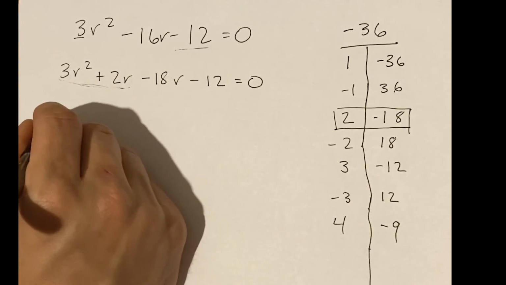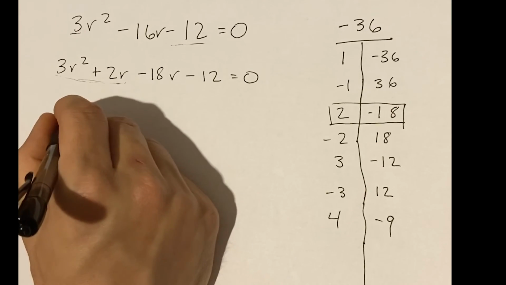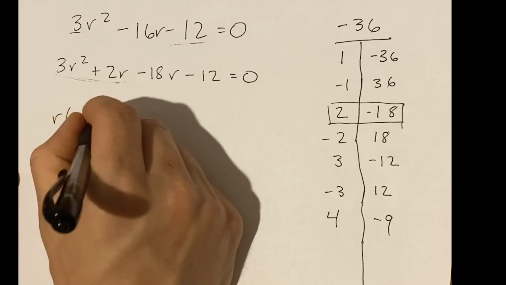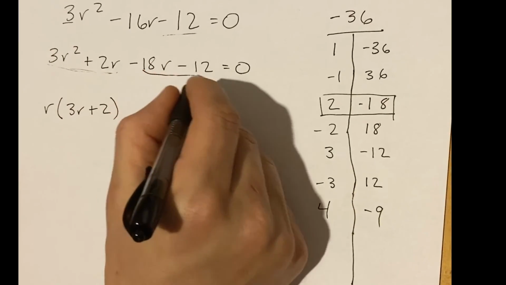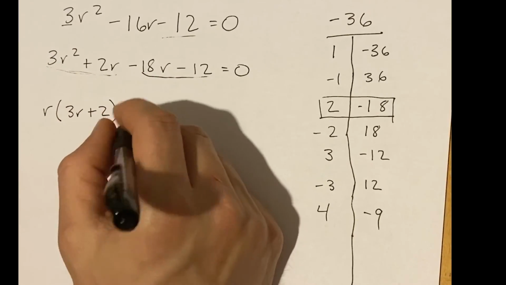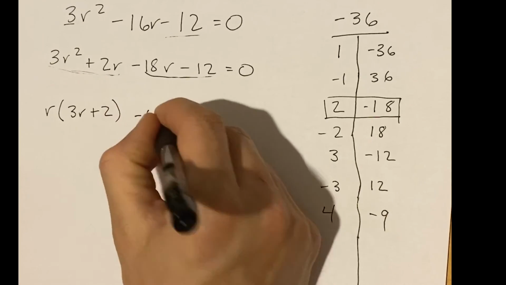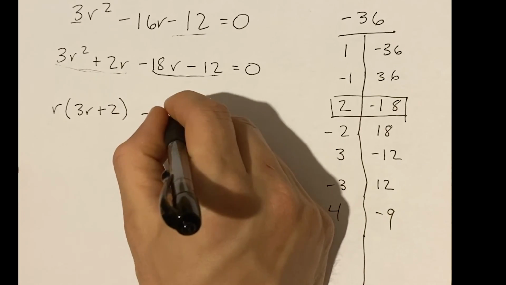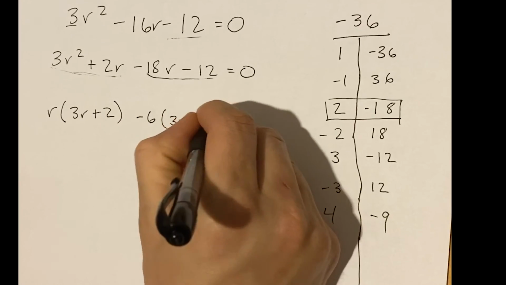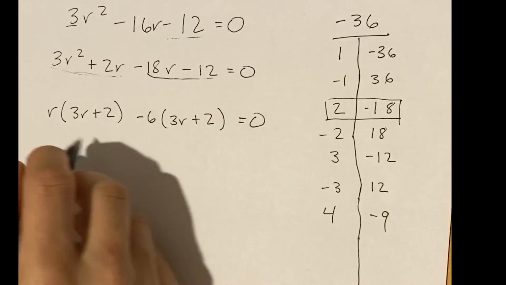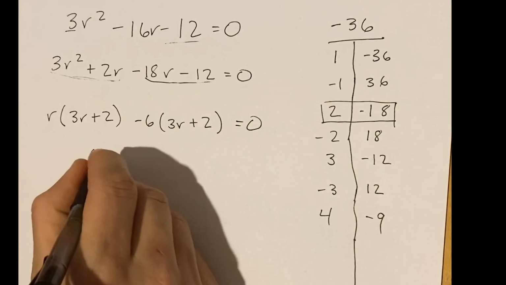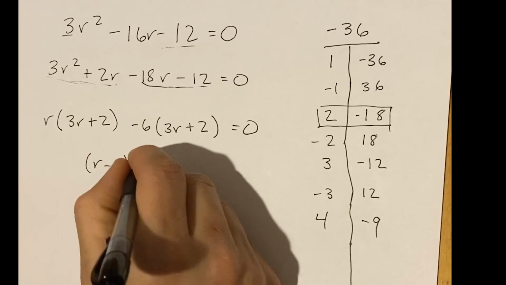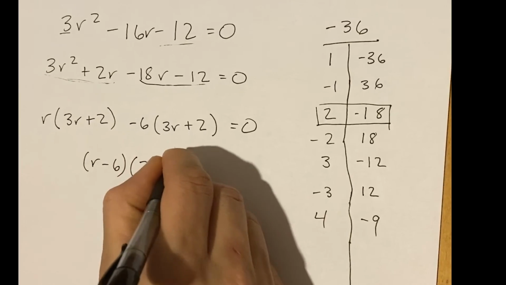I'll separate out an r, and that leaves me with 3r plus 2. From these two, I'm going to factor out a negative 6 and be left with 3r plus 2. Then I can factor one more time, regrouping like this: r minus 6 times 3r plus 2.